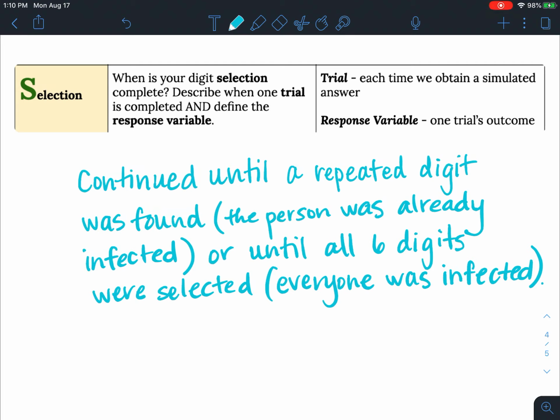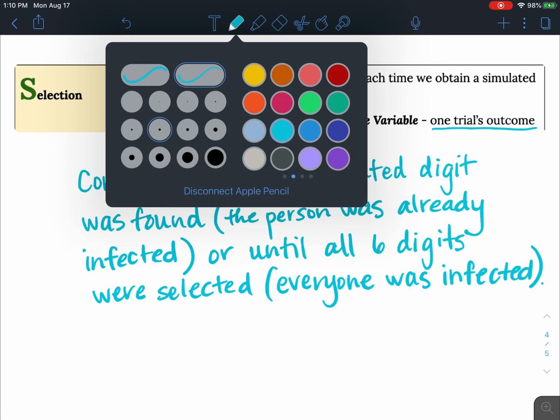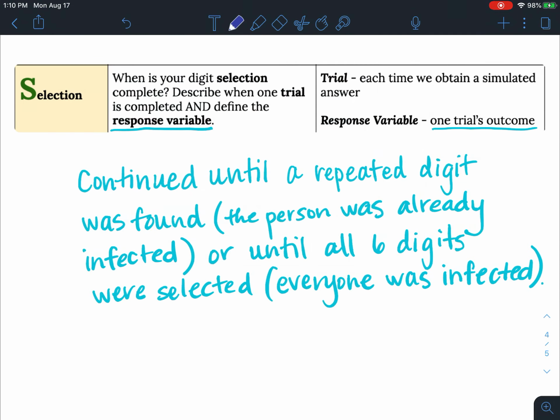The S is kind of two things. We also need to define the response variable. The response variable is just a fancy vocabulary term for the outcome of the trial. So we need to tell the person reading our simulation description what we write down at the end of a trial.